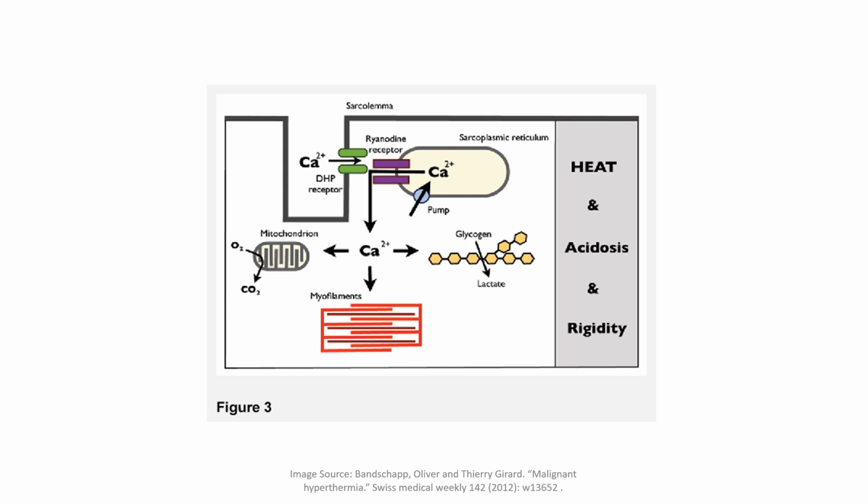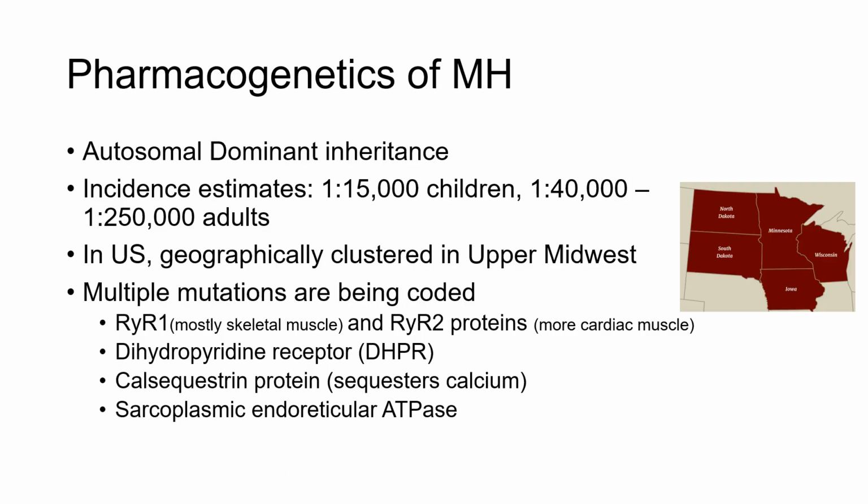The consumption of ATP stores exhausts the mitochondrial oxidative phosphorylation pathway, and anaerobic metabolism becomes predominant, bypassing the Krebs cycle and producing lactic acidosis and glycogenolysis. Eventually, the sarcolemmal integrity breaks down and potassium begins to leak extracellularly.